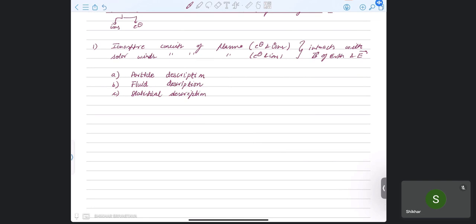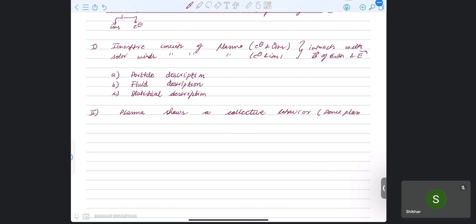Another point to note is that plasma shows a collective behavior, especially for dense plasma.